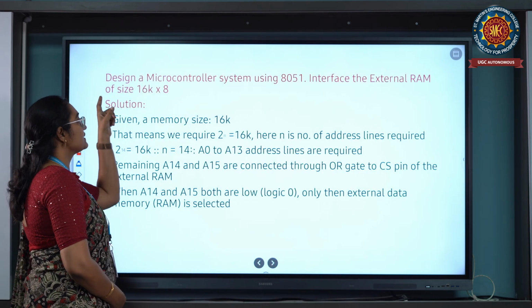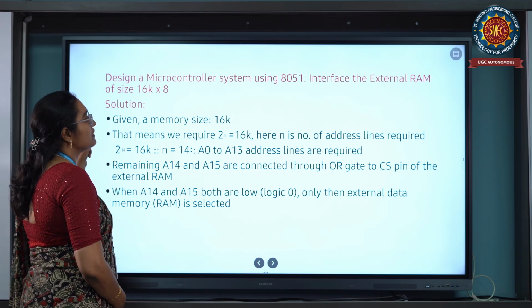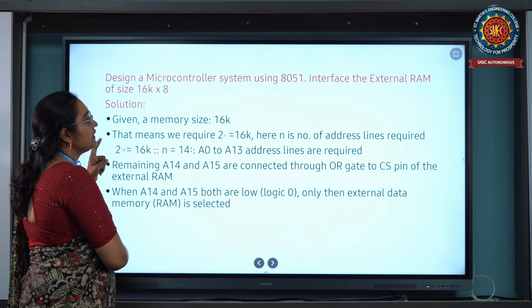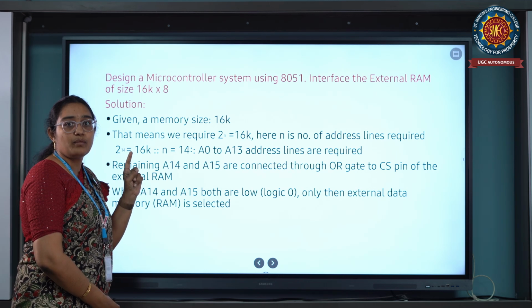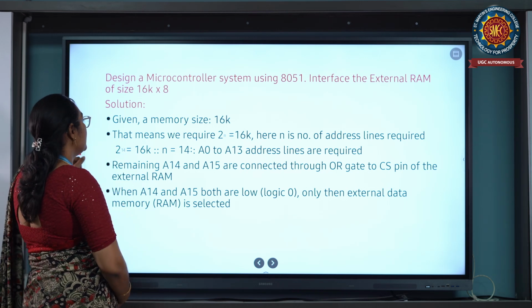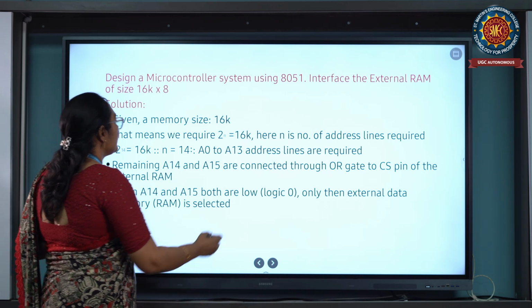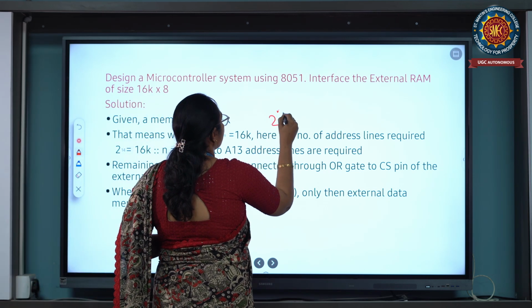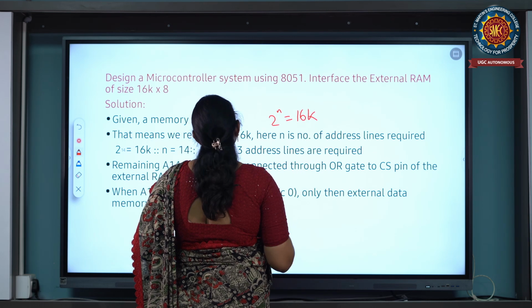Next, we will take the example of designing a microcontroller system using the 8051 microcontroller, interfacing external RAM memory of size 16 kilobytes. That means here the given memory size is 16 kilobytes. Here we are calculating 2 power n equals 16k.